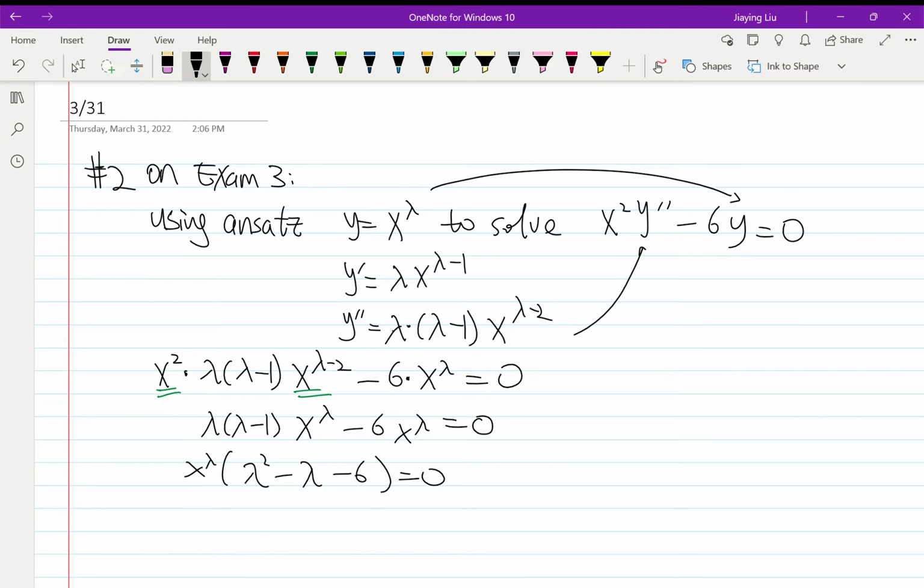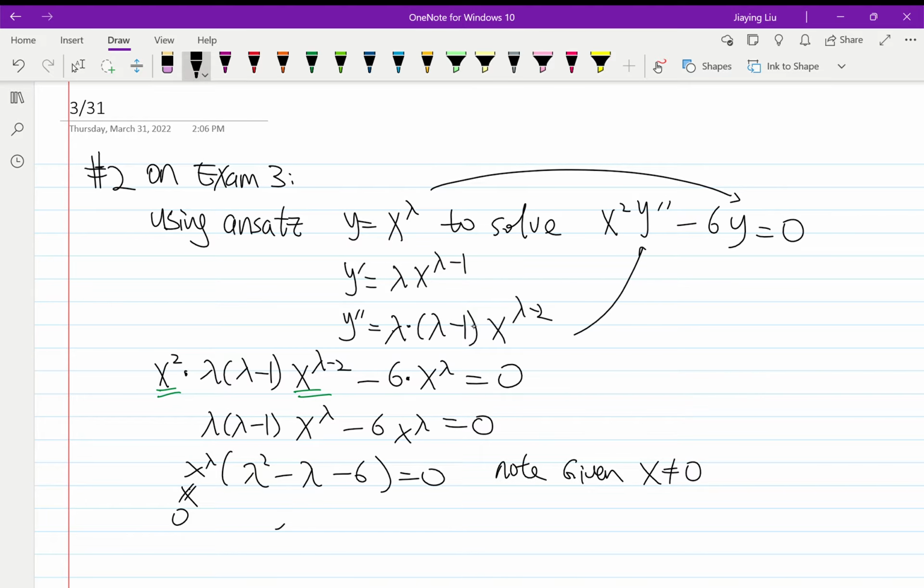And if you look at the instruction, I believe it says x cannot be 0. So if x cannot be 0, then x to the lambda cannot be 0. Therefore, this parenthesis has to be 0. So note, given x cannot equal 0, this part cannot equal 0.